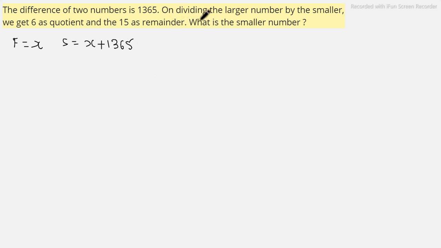Now next is, on dividing the larger number by smaller, we get 6 as quotient and 15 as remainder. So here we see, for example, if there is a dividend and it is divided by a divisor, here we get the quotient and here we get the remainder.